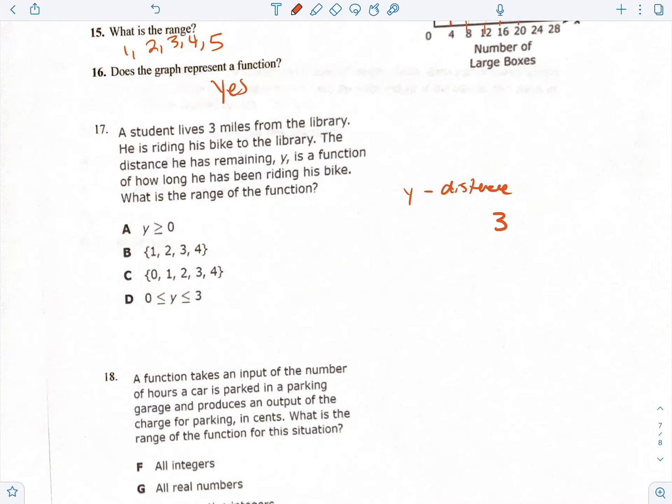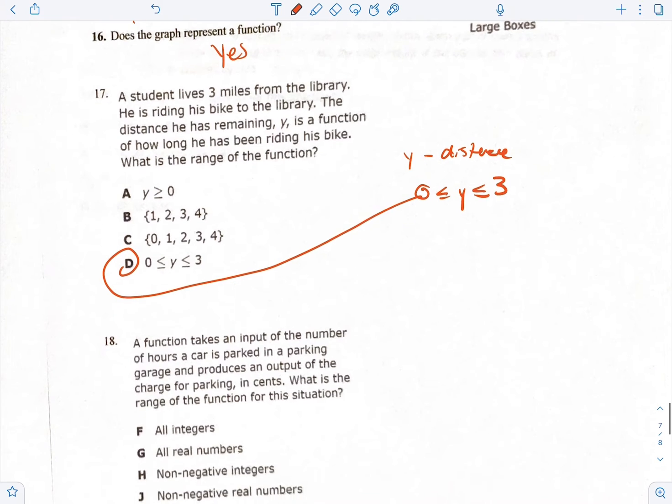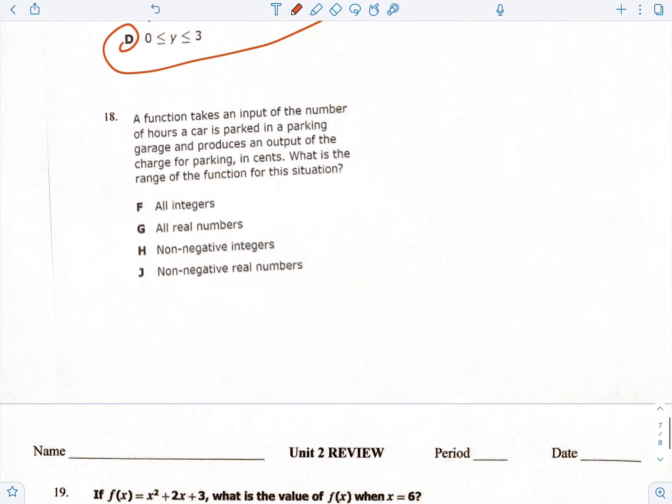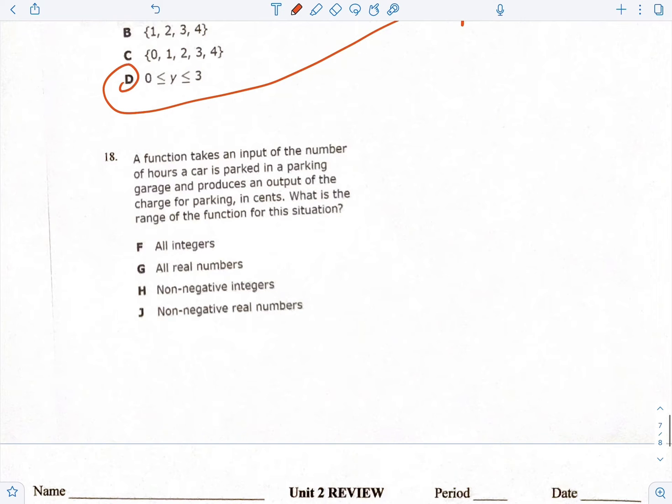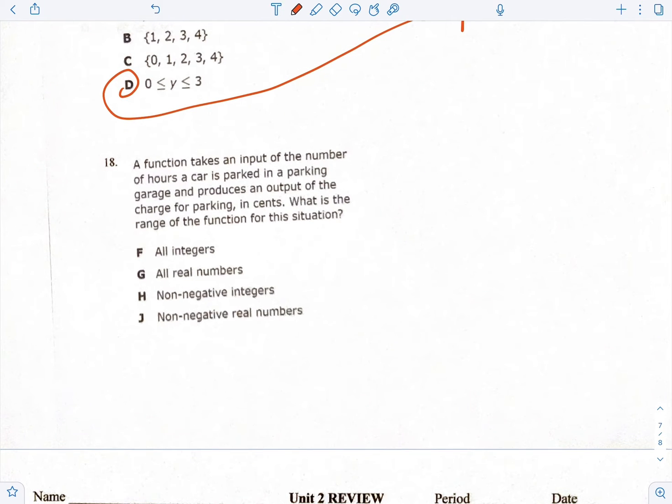And once he gets to the library, that's 0 miles to go. So it's from 0 to 3 miles, right? That's the range. And less than or equal to. That's our answer.